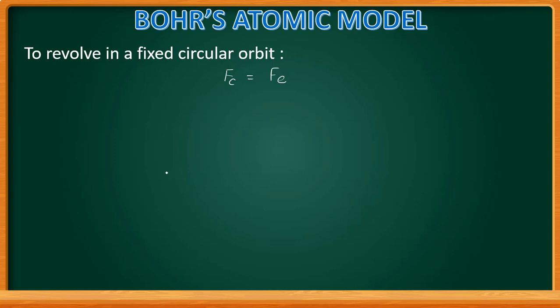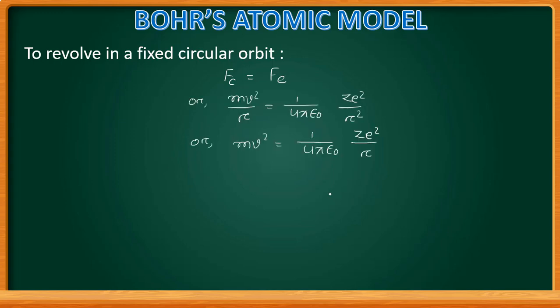In place of Fc we write mv square by r, and in place of Fe we write 1 by 4 pi epsilon naught Ze square by r square. After solving this, we get mv square is equal to 1 by 4 pi epsilon naught Ze square by r. Let this be equation 1. Remember this one.